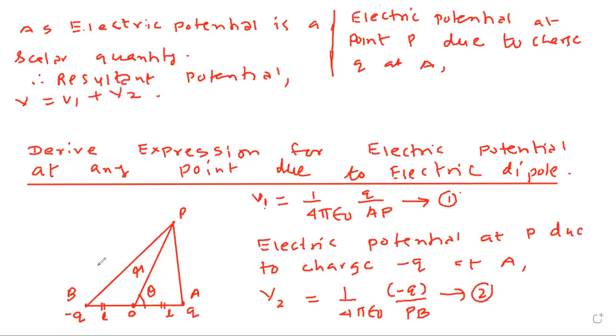Now copy till this from here. So we got the resultant potential V1 plus V2.